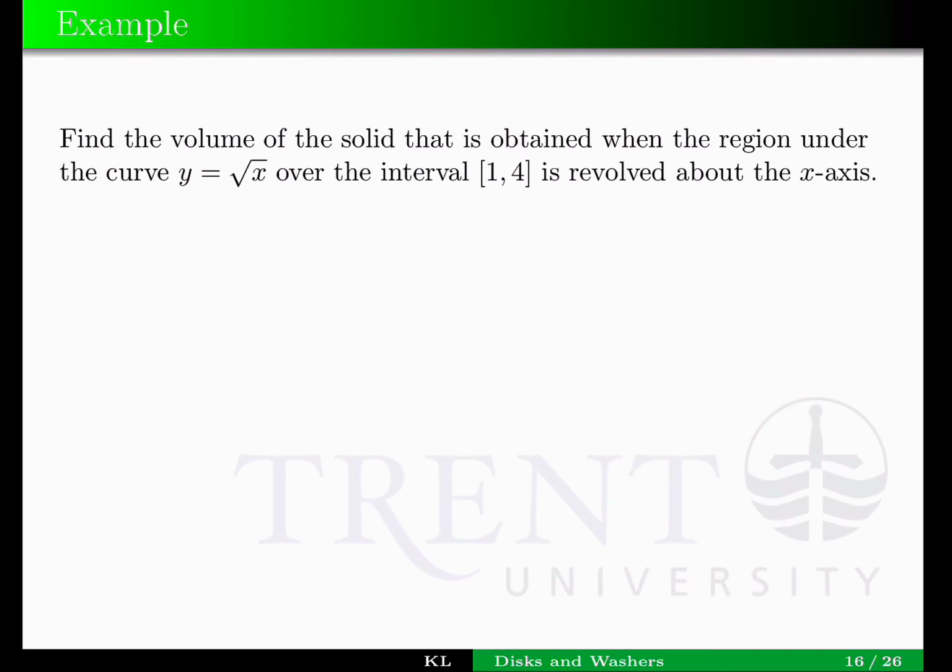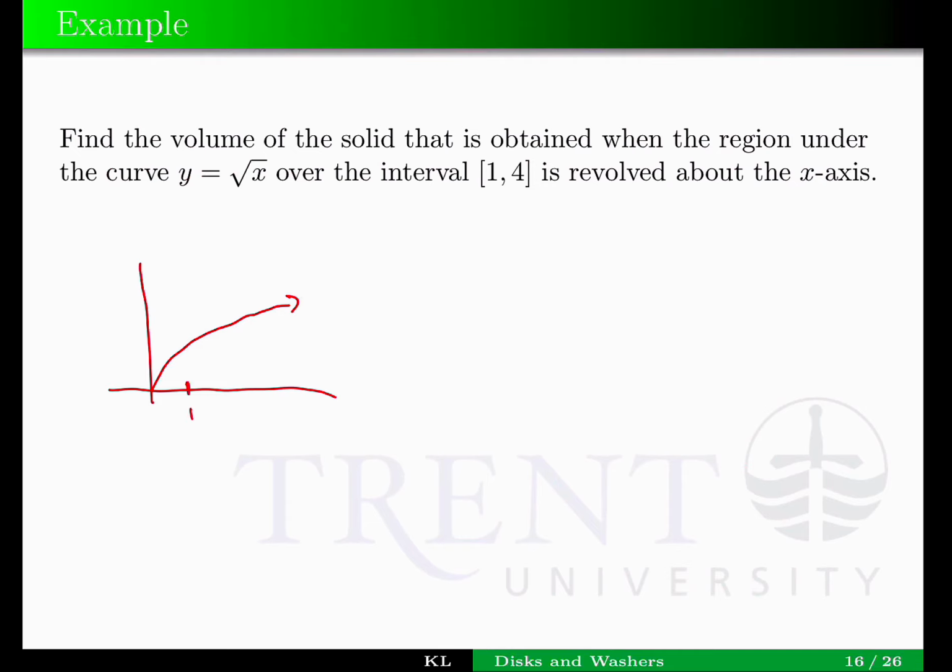Now, let us consider another solid here. Find the volume of the solid that is obtained when the region under the curve y equals square root of x over the interval 1, 4 is revolved about the x-axis. So, here, let us construct the graph. y equals square root of x is something like this.